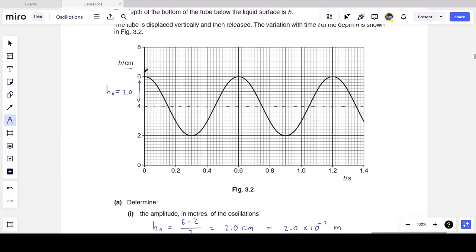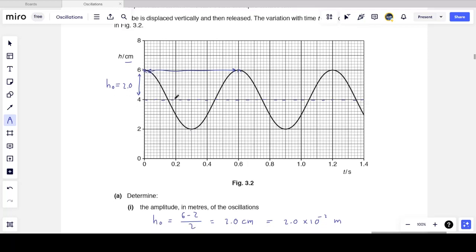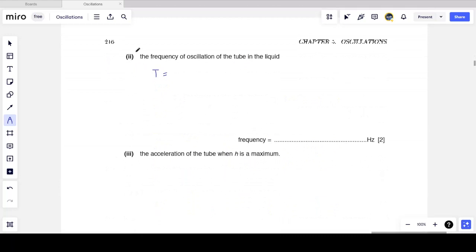I like to use crest to crest, but it's all up to you; it doesn't matter if you use peak or trough to trough. The time for two subsequent crests, or any two points in phase, is 0.6 seconds. So one complete cycle happens in 0.6 seconds. The pattern repeats itself every 0.6 seconds.